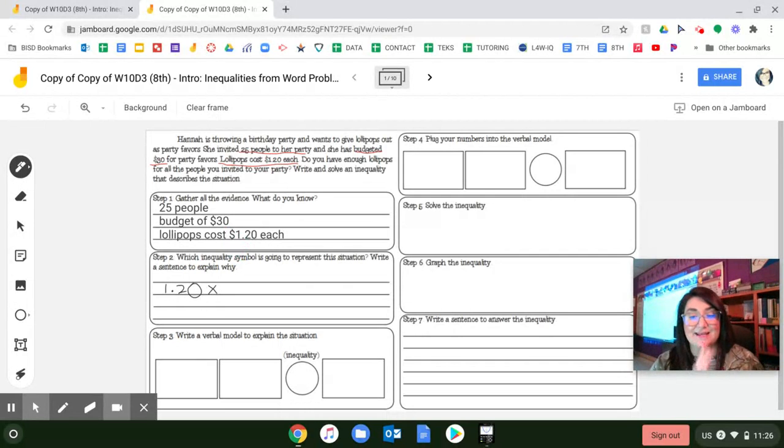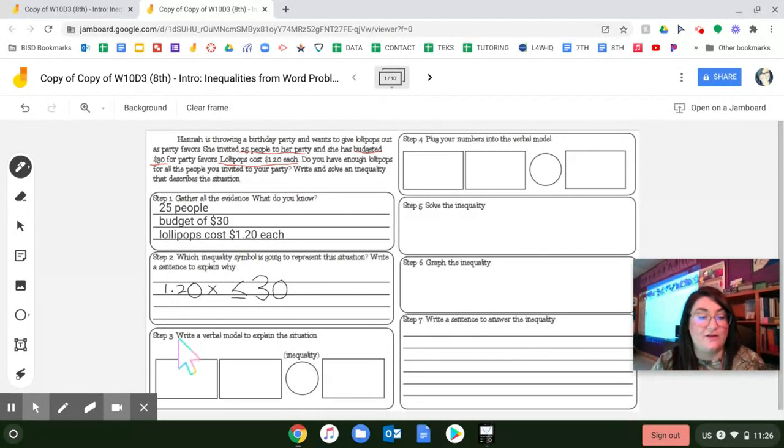We could spend anything less than 30 up to exactly 30. So 30 is the highest amount that we are able to spend. 30 is the biggest part, but we could also get equal to 30. The money we spend on lollipops over here has to be less than or equal to 30.